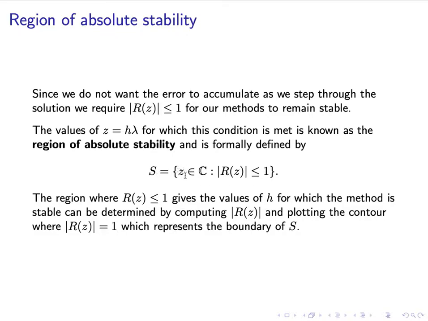So it's any number z in the complex plane for which the modulus of our stability function is less than 1. So the region where this is the case gives us a stable region. It means we can determine what values of h for a particular method are stable, and we could easily represent this using a contour plot.